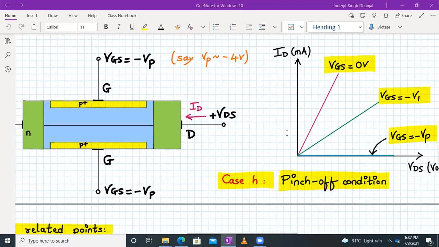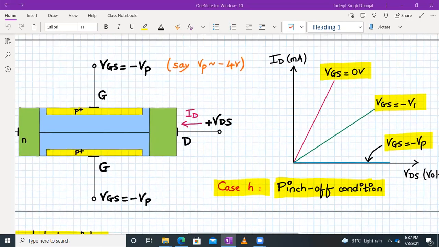So we can say on the graph over here, whenever VGS has reached the pinch off condition, that is, whenever VGS is equal to minus VP, the current in the channel becomes zero, since the depletion region isolates the source and the drain. The drain current at pinch off is essentially zero, and for all practical purposes the device has been turned off whenever VGS becomes equal to minus VP.